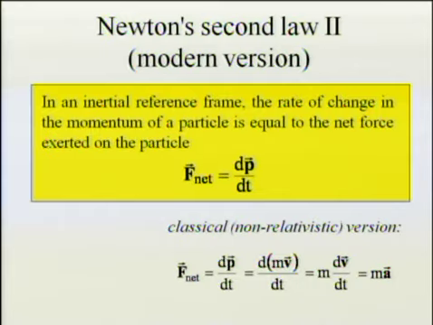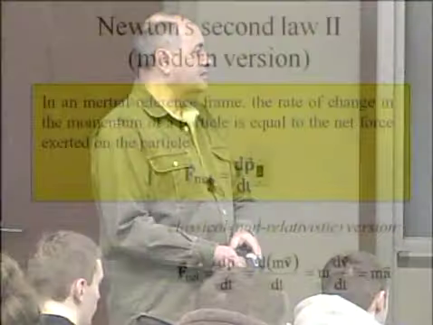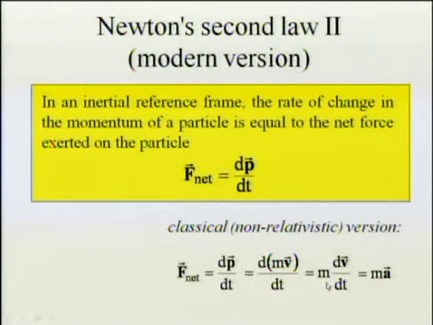We would have to use the product rule. Correct. So instead of a single term, we will have the first term, the derivative of the first factor multiplied by the second factor, plus the first factor multiplied by the derivative of the second. So we would have dm over dt multiplied by velocity.